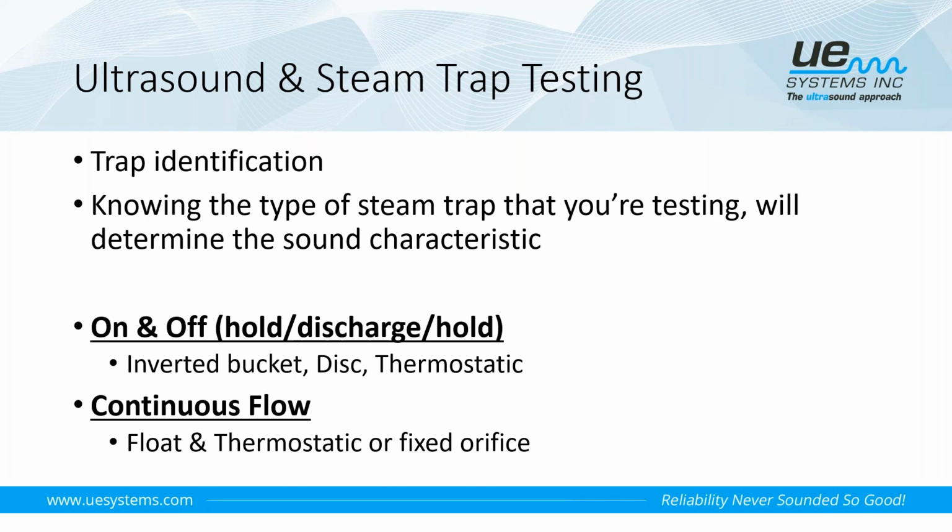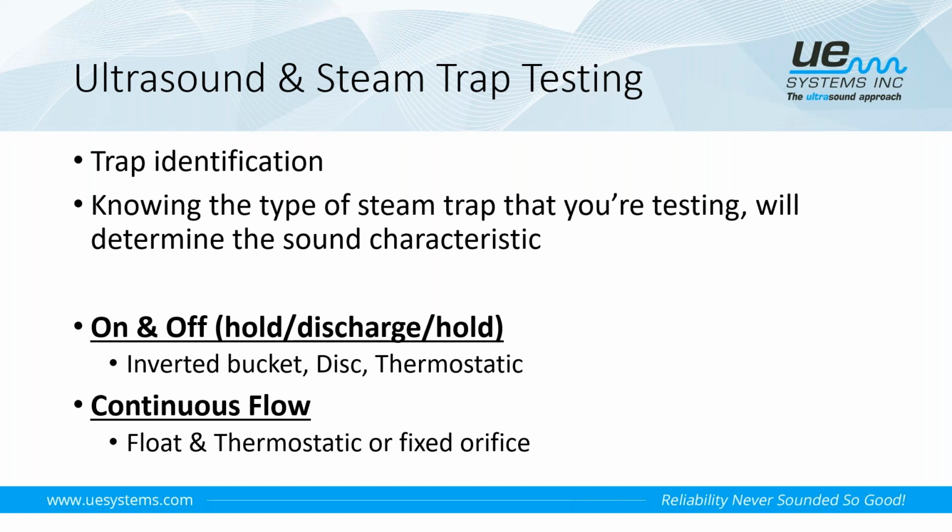Now the other sound characteristic comes in with our floating thermostatics or fixed orifice traps, where we make contact with that steam trap on the outlet of the discharge side, and it's really a modulating continuous flow.